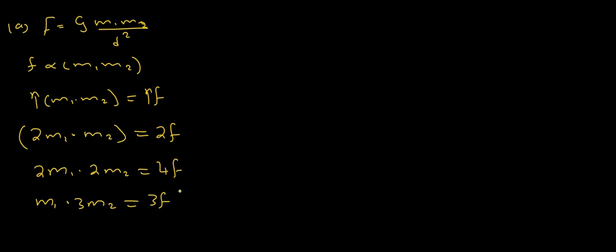Because the force is directly proportional to the product of the masses. So if the masses double, it's going to be 2M1 multiplied by 2M2, our force will increase by a factor of 4.